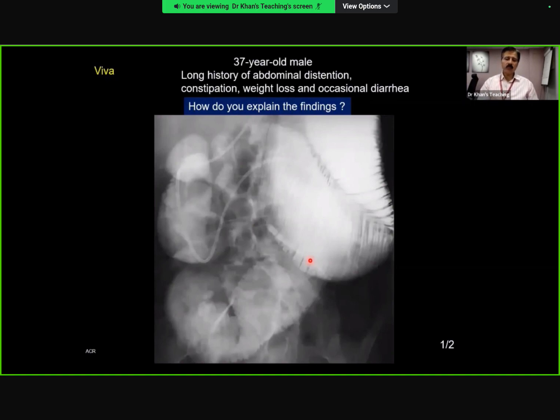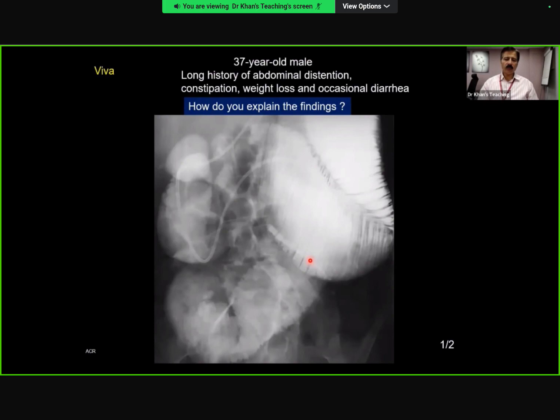You remember that there is muscularis propria in the gut. This muscularis propria, which is the smooth muscle of the gut, is replaced by collagen and fibrosis. This is what is happening in the small bowel. And because of that, there is a particular pattern which can be seen here.